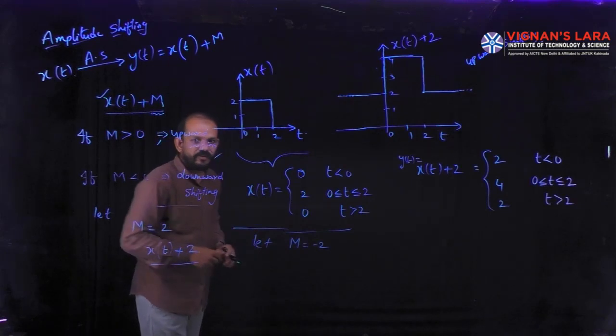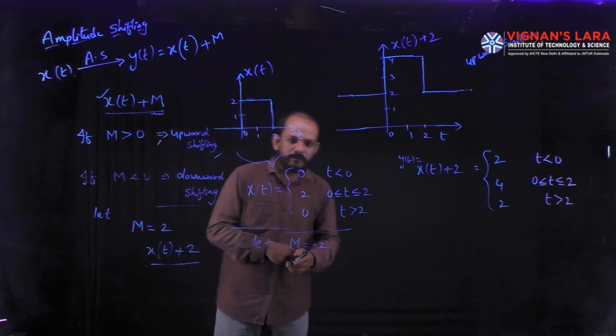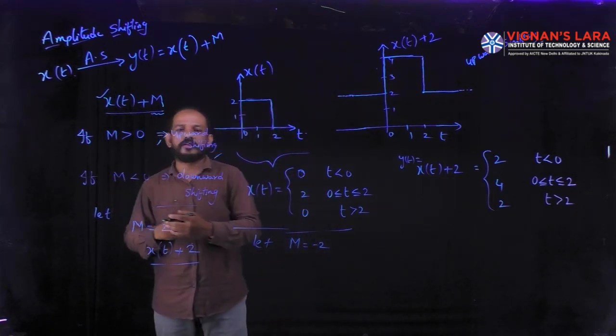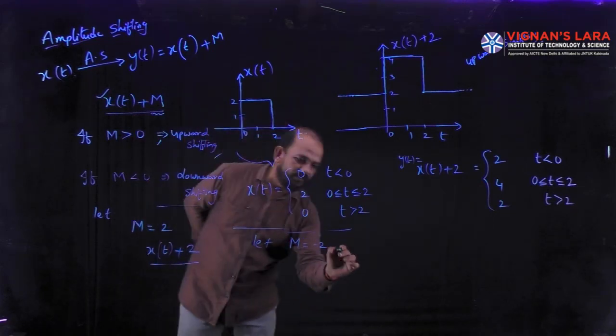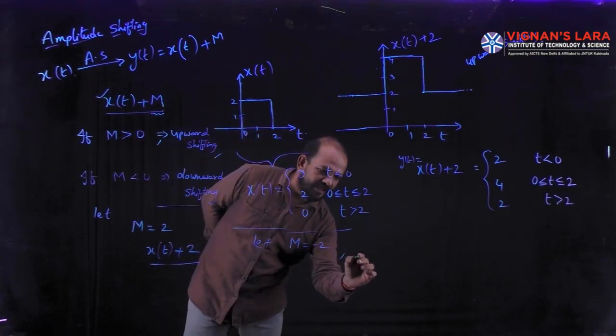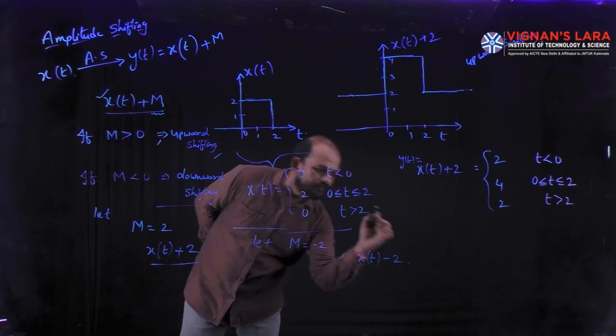So here the value of m is less than 0, that is negative, minus 2. Now the amplitude shifting expression for this x of t will be expressed as x of t minus 2.